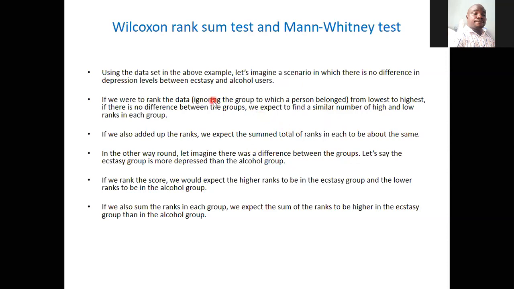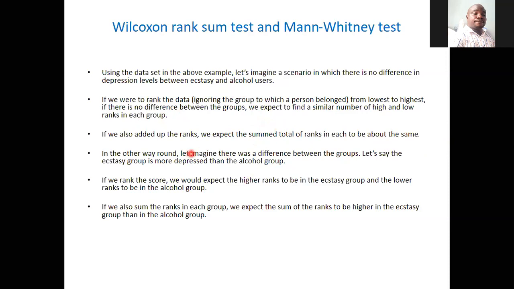If we were to rank the data, if there's no difference, we expect a similar finding. If you see some low values, almost an equal number of low values will be on both sides, and high values on both sides. So to be somehow evenly distributed, if not perfectly.